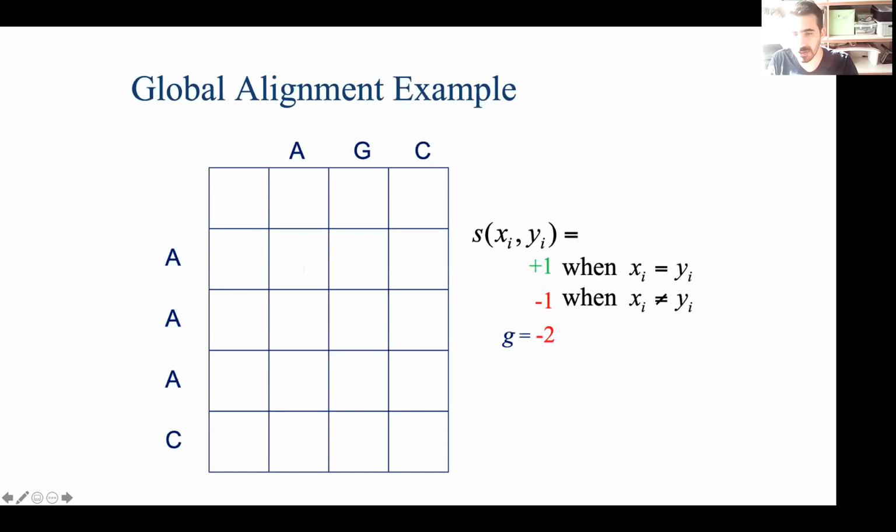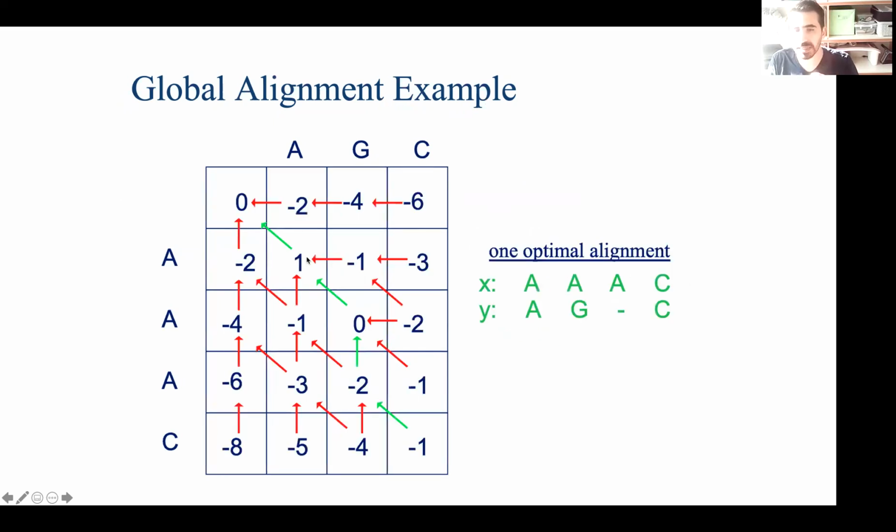And then for each cell, we will consider the maximum of these 3 scenarios. So basically, this is how it's going to be. Again, I'm not showing in detail, but what we do here is basically we take the maximum of whether the gap or match or this gap is going to provide the maximum score and choose what is going on here, okay? So basically, let me give you one example.